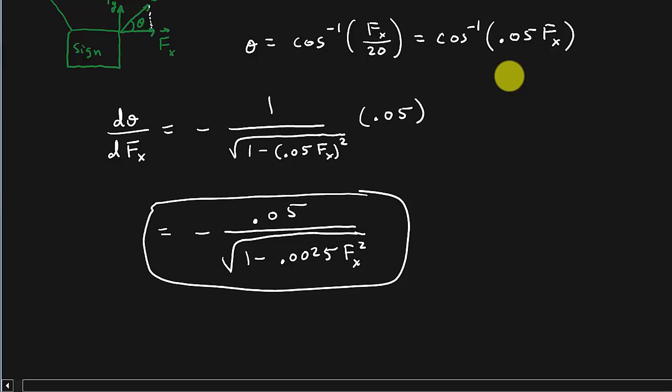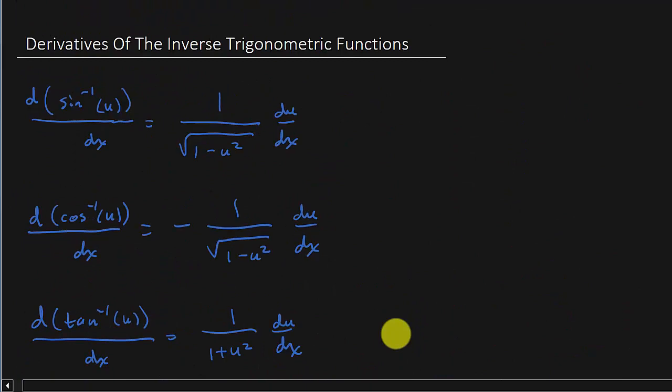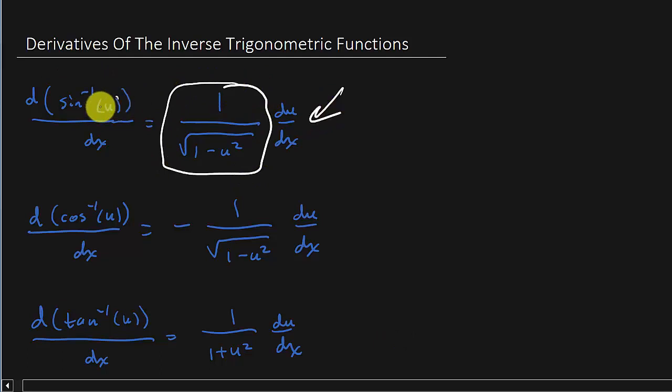So memorize these things, and you'll be able to do them. They're not difficult to do. Just a recap: the derivative of inverse sine u is this, and then you have to multiply it times the derivative of whatever you're taking the inverse sine of. And that's how it works for every one of them.